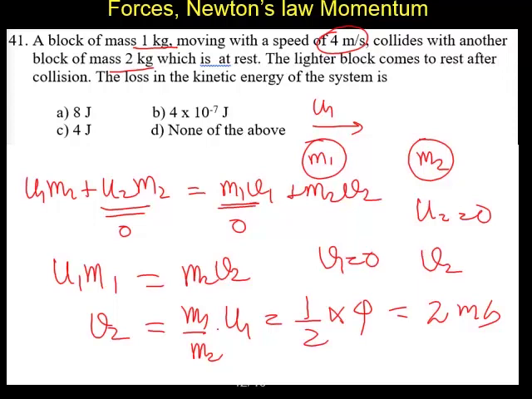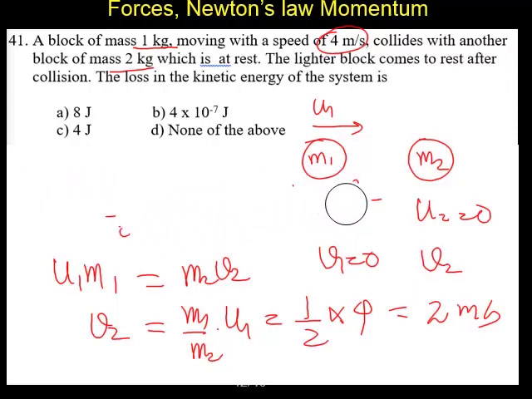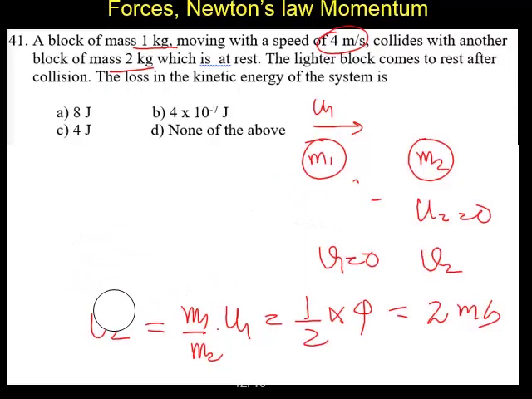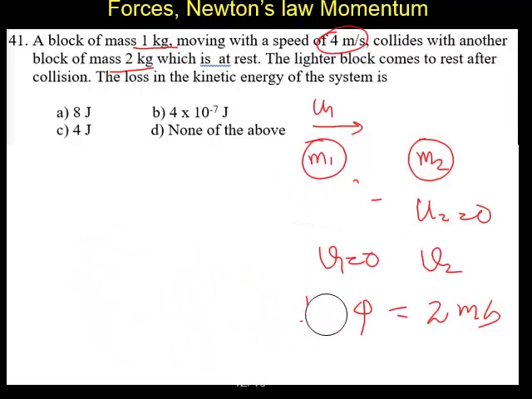Okay, so what is the kinetic energy? We will go for the calculation of kinetic energy now. We have calculated v2, so now we have to calculate the kinetic energy. Initial kinetic energy, Ki, is equal to half m, isn't it?